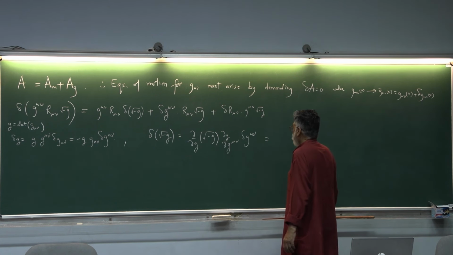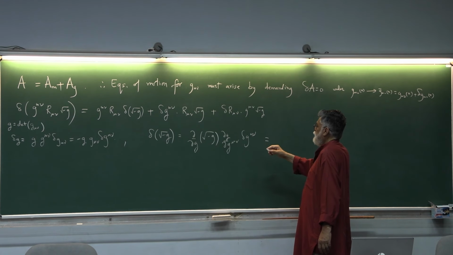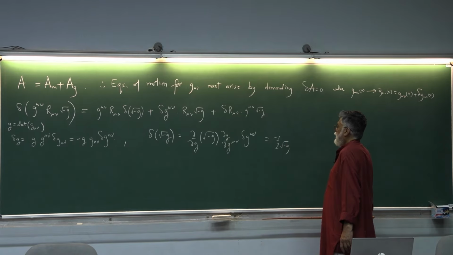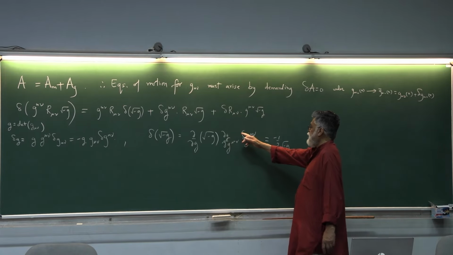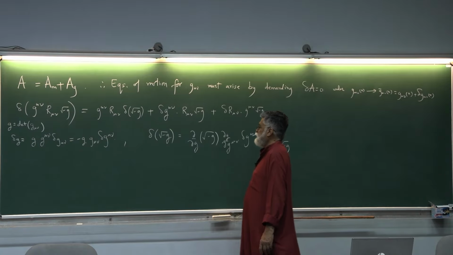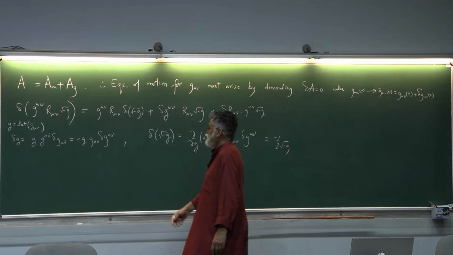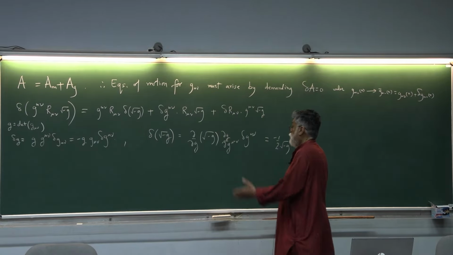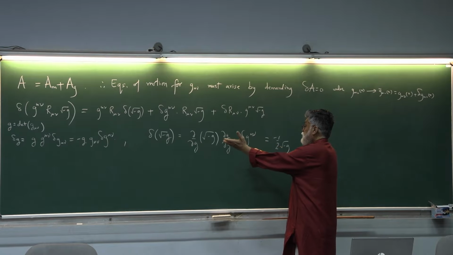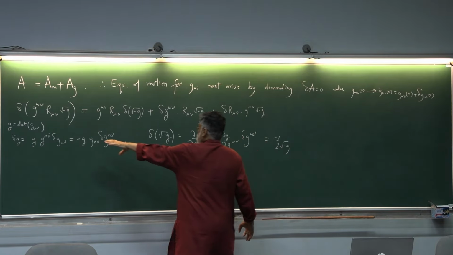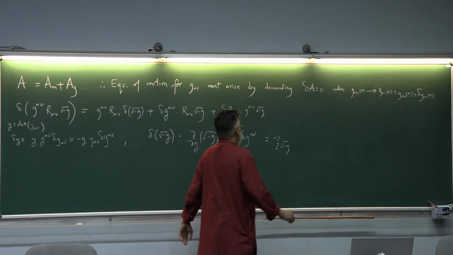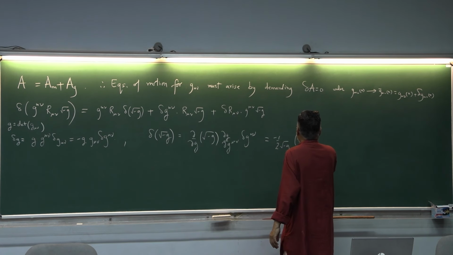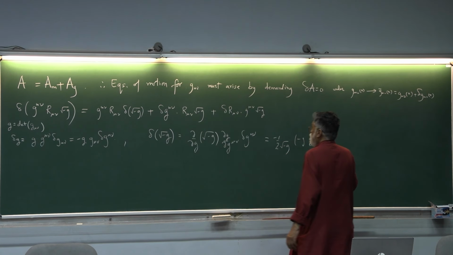This is nothing but, del is square root, so half of one over root minus g, and del g by del G mu nu from this equation is simply minus g G mu nu. So minus g G mu nu.